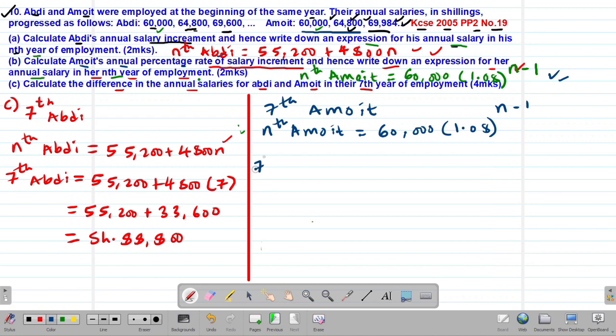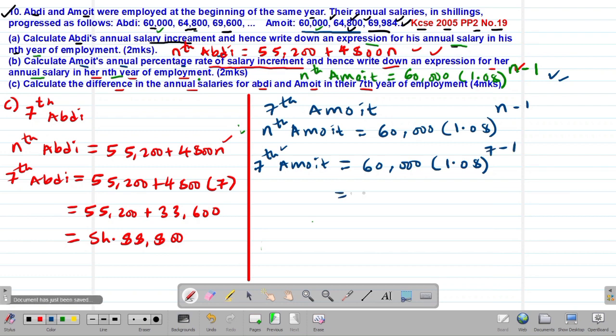Therefore, the 7th term for Amoit will be 60,000 into bracket 1.08 to the power of n, where our n, of course, will be 7. So this is 7 minus 1, which will give us 60,000 into bracket 1.08 to the power of 6.